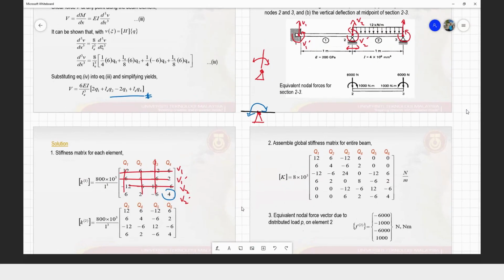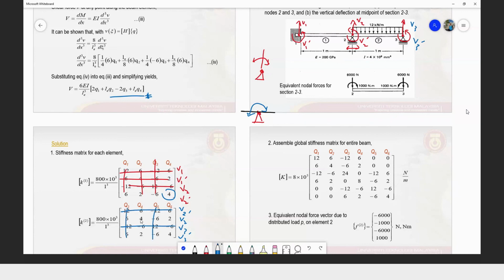For K2, we have only 2 elements. So you do not need to write everything. So I write at the side here, we have V2 prime, V3 prime. So V2 and V3 can be eliminated.